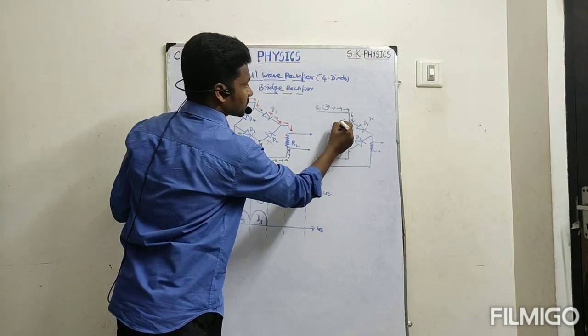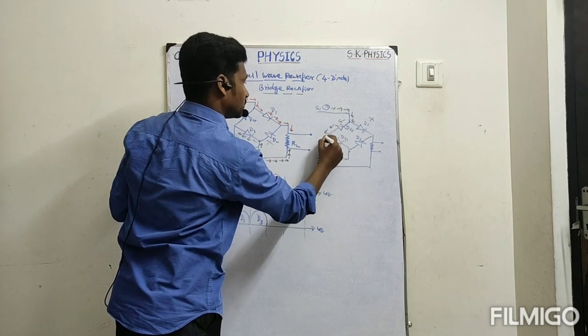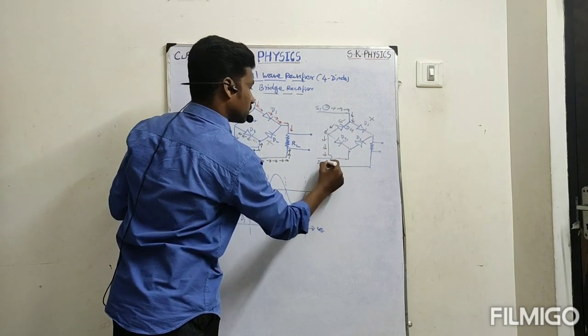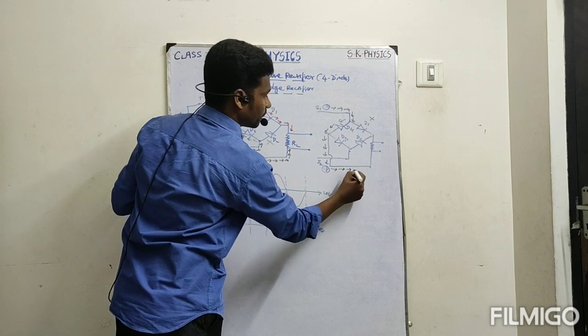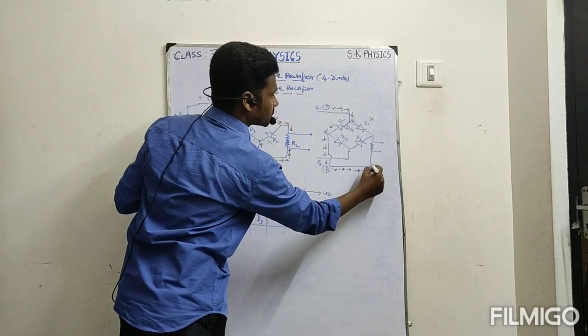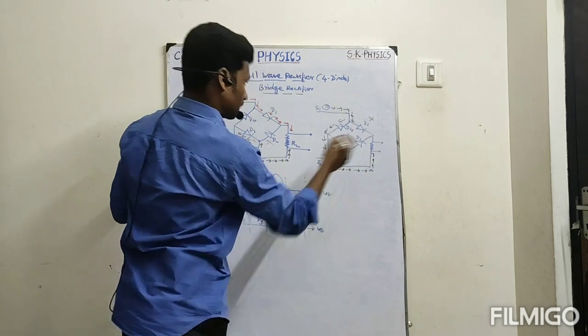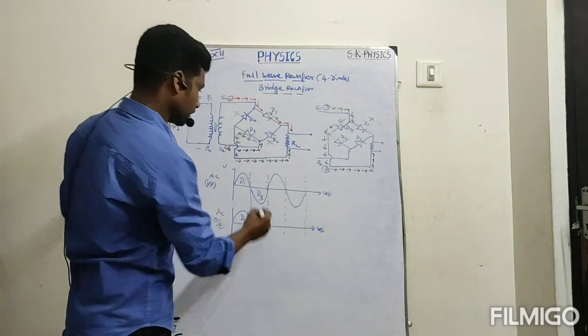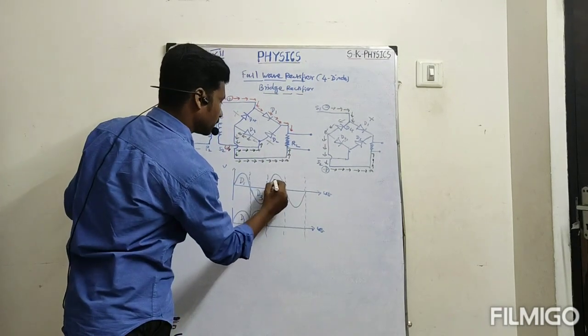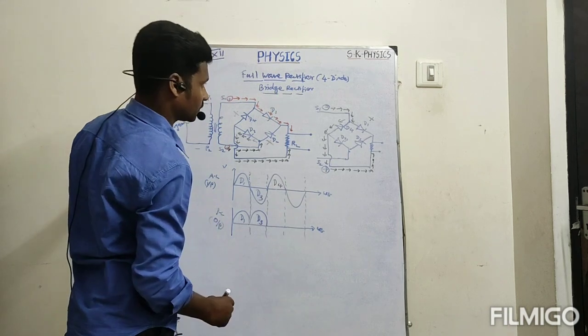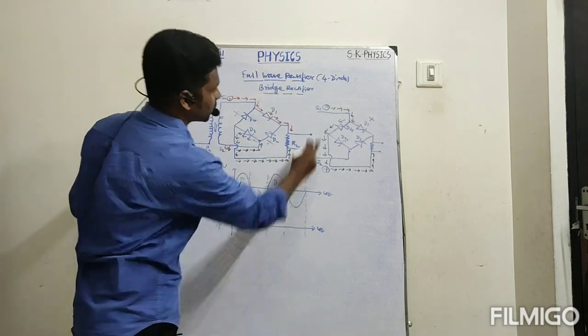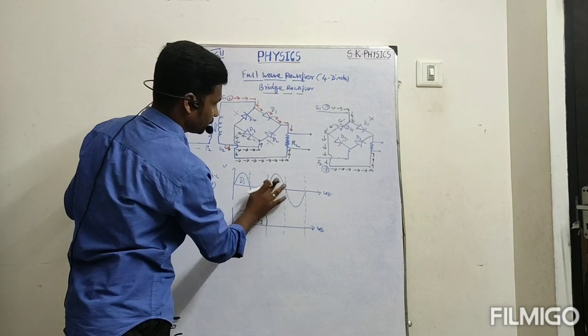So the current is again passing this way, and we can get the output from D4 in the next cycle.